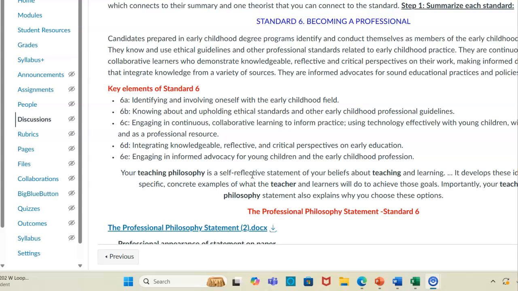And then they speak about how they have to integrate all of their knowledge. They're being reflective of the child's learning and the critical perspectives on early childhood. These are things that we know as professionals, but having that conversation with parents in a respectful, reciprocal, meaning back and forth way is important. I talk, you share with me, I share with you.